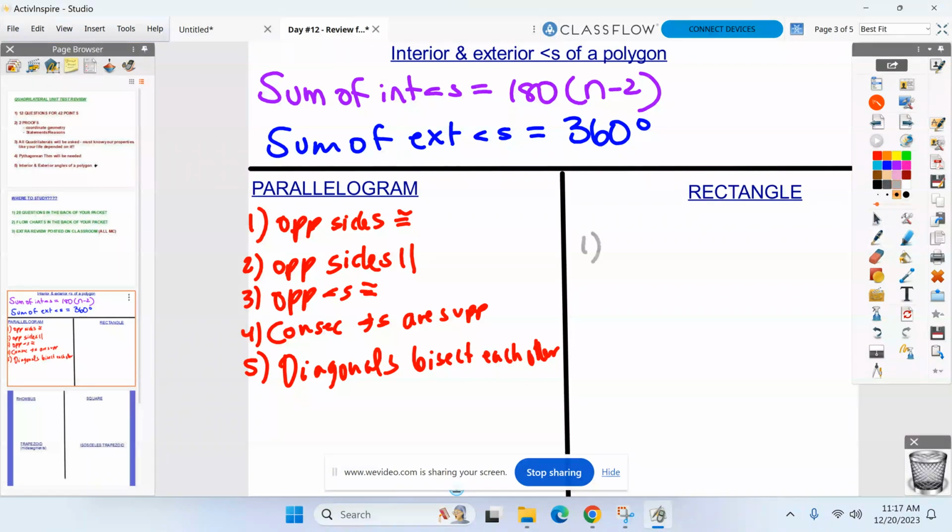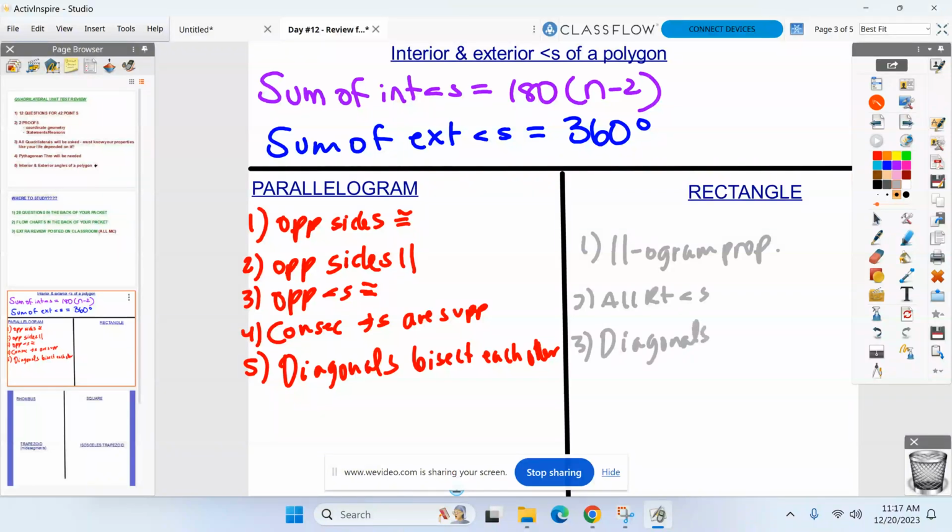Rectangle properties. I'm going to start with all those parallelogram properties. Don't forget it. And then what are the special ones that only a rectangle has? All right angles. Yep. And diagonals congruent.